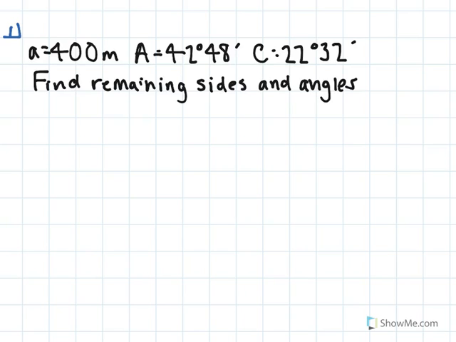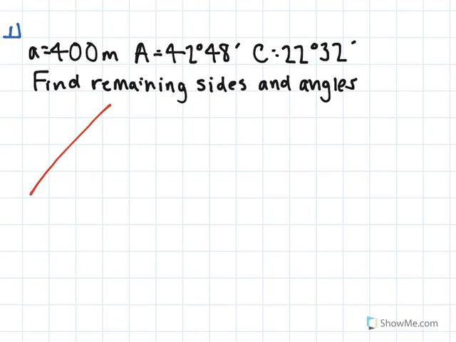In this problem, we're told that side a equals 400 meters, angle A equals 42 degrees and 48 minutes, and angle C equals 22 degrees and 32 minutes. We want to find the remaining sides and angles. In solving these problems, it's often useful to start by drawing our triangle and figuring out what we know and what we don't know.